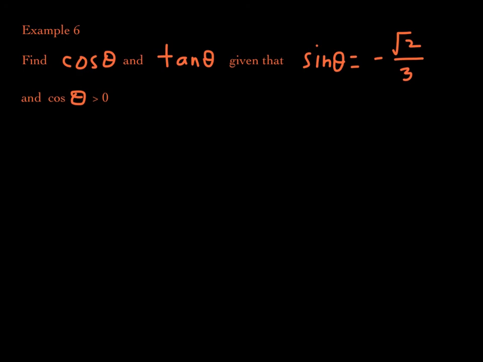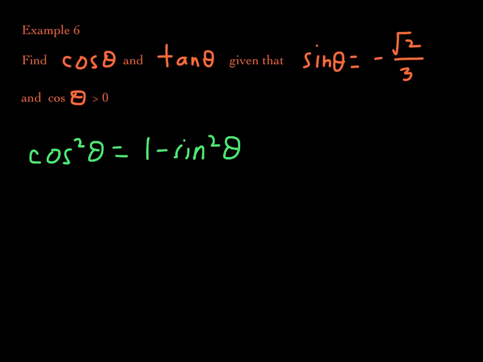Okay, find cosine of theta and tangent of theta, given that sine of theta is negative root 2 over 3 and cosine of theta is positive. Now remember from your Pythagorean identities, we had this alternative form that cosine squared of theta is equal to 1 minus sine squared of theta. That's listed as an alternative form of your Pythagorean identity.